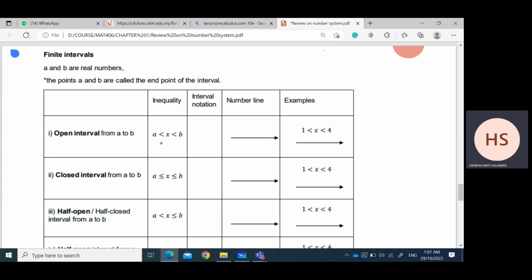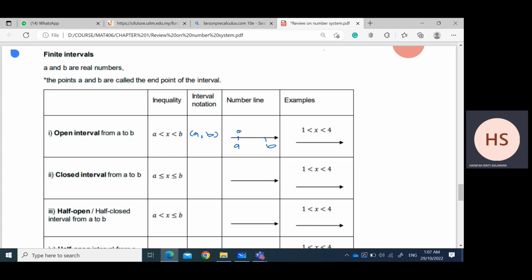So this one, it is about open interval from A to B. Okay, so the values of X here is in between A to B. So interval notation, it will be A to B. Okay, so the number line in between A to B. So kalau dia open interval, so maksudnya nilai A dan B tak termasuk.